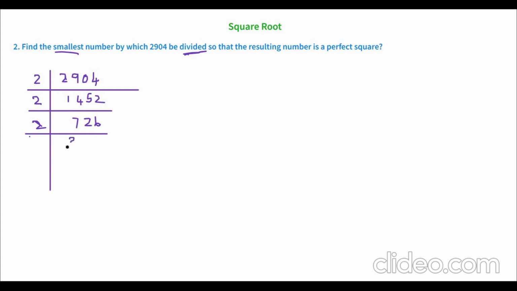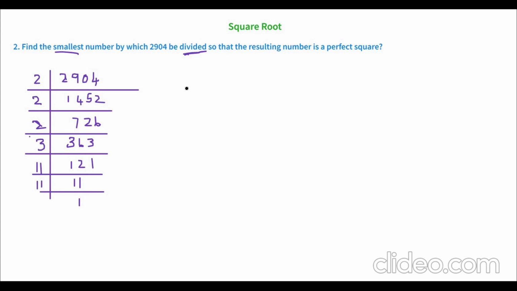So we would be getting 363. Now 363 is not an even number, so it will not be divisible by 2. It is divisible by 3. So here we would be getting 121. And 121 is not divisible by 3. It is divisible by 11. 11, and again this will be divisible by 11. So 1.